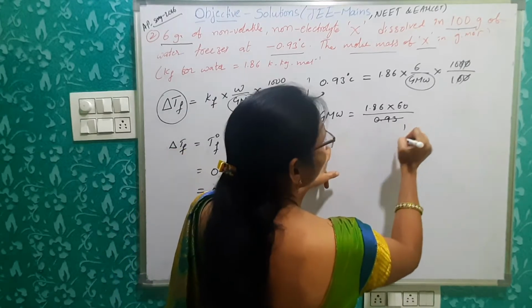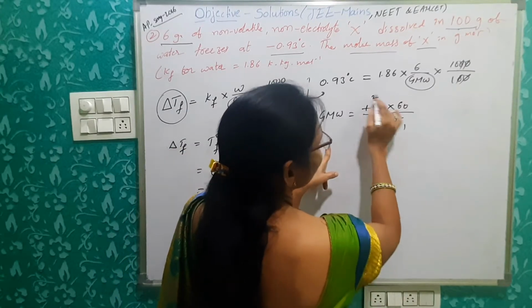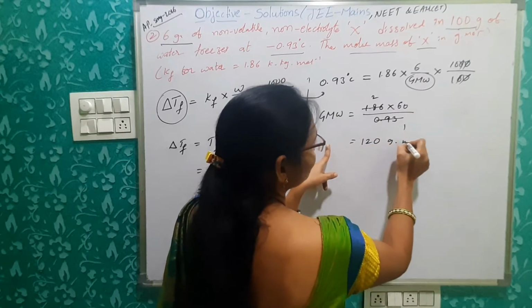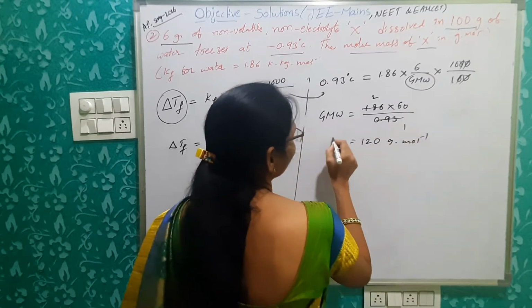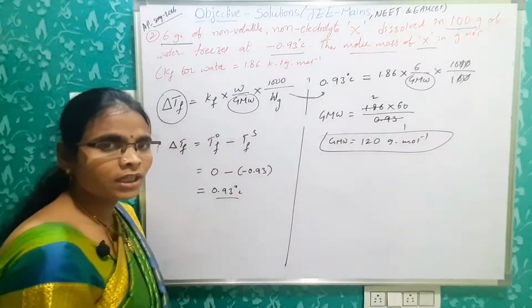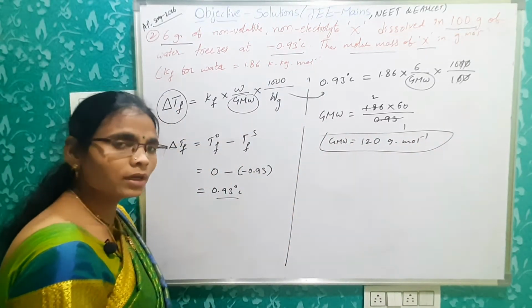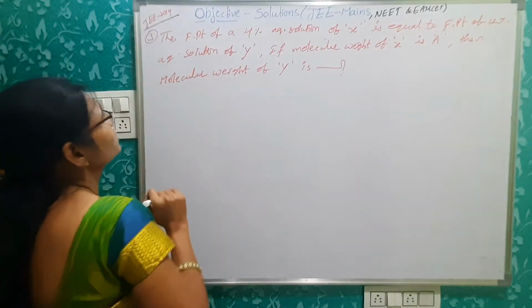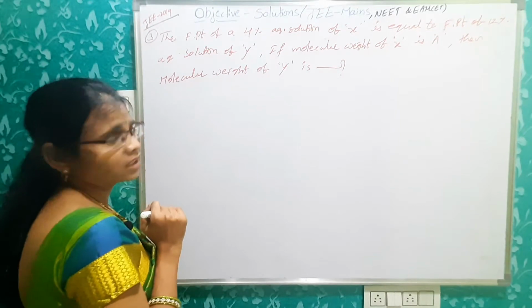Almost 2 times. 60 into 2, 120 gram per mole. Okay, gram molecular weight of that X is 120 gram per mole. Clear? Next, third problem. This is also a previous JEE 2019 question.